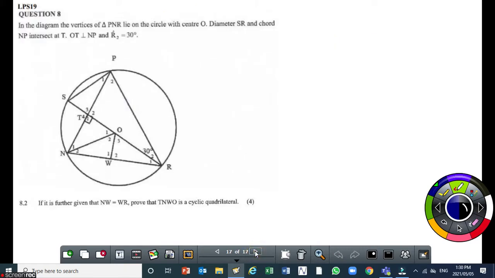Alright, this question, can I have your attention? You are supposed to prove that, it says it is further given that NW is equal to WR, so this length and that length are equal. What does that mean with regard to this angle? It's 90 degrees. So you have to use the converse of theorem 1.